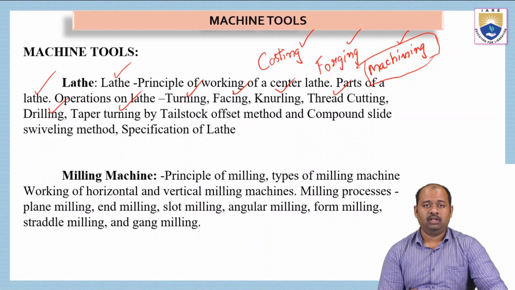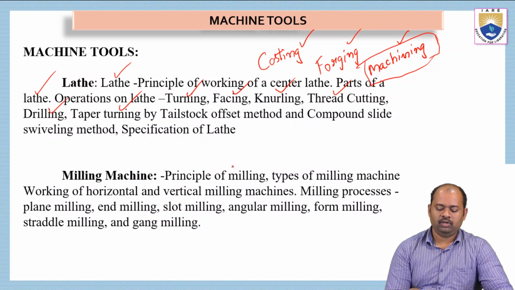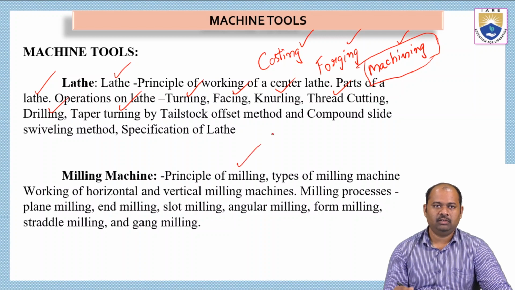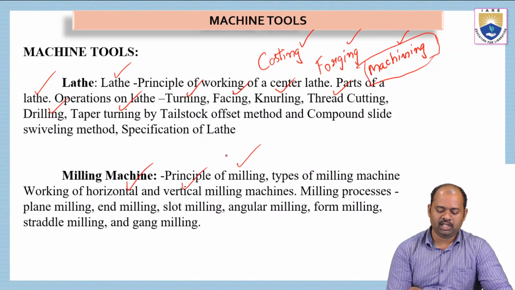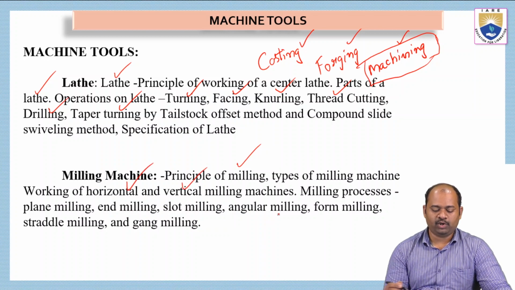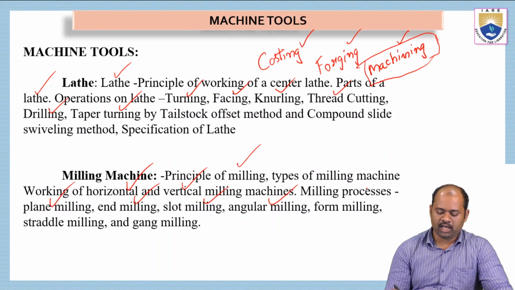And then we have another type of machine called milling machines. In that, we are going to study the principles of milling machines, types of milling machines, working of horizontal and vertical milling machines, and the milling process. There are different milling processes: plain milling, end milling, slot milling, angular, form, straddle, and gang milling.